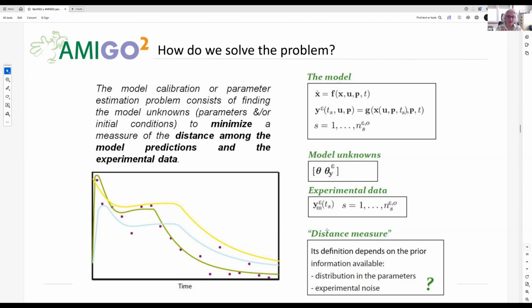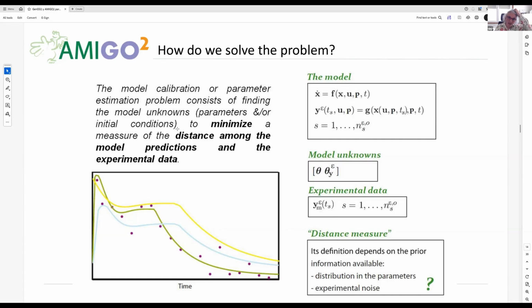But typically, there is no other way to solve the issue unless you can add observables to the system. So once we have an identifiable model, we can run the parameter estimation problem. And for this, we will use AMIGO.